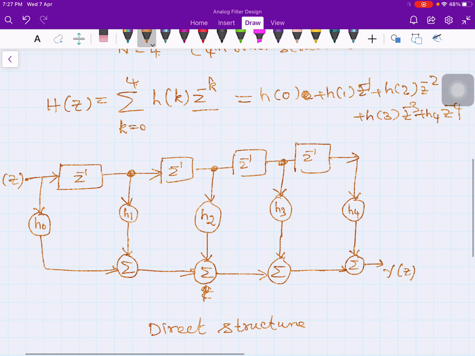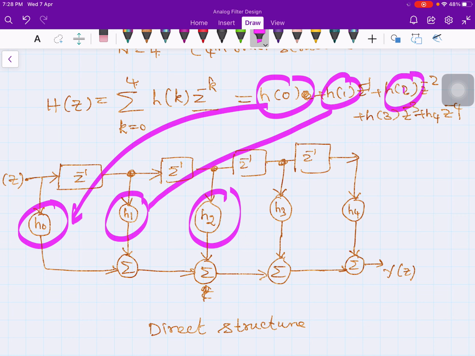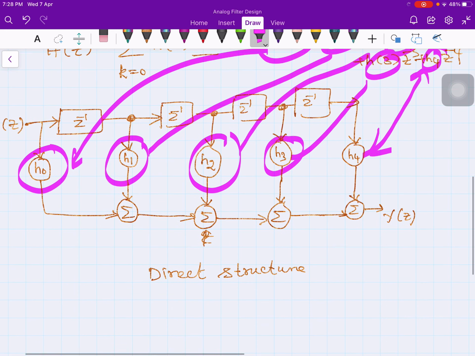Now if you look at the multipliers, h0 is the same here, h1 same, h2 h2, h3 h3, h4 h4. So there is no change in the coefficients given in the example. Whatever coefficients are present in the transfer function, those same coefficients are used in the structure. Therefore this is called a direct structure.